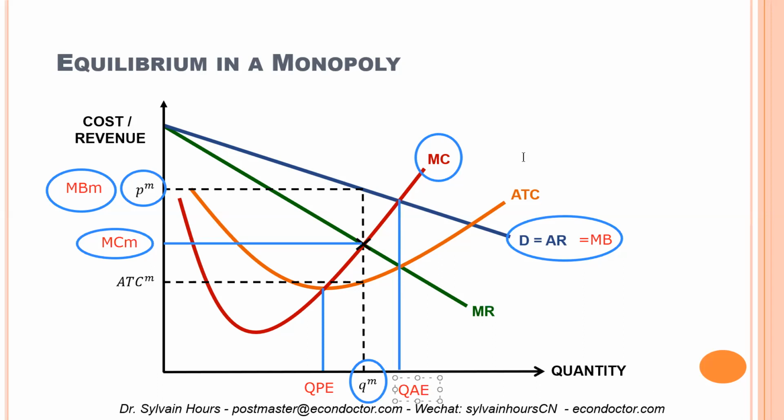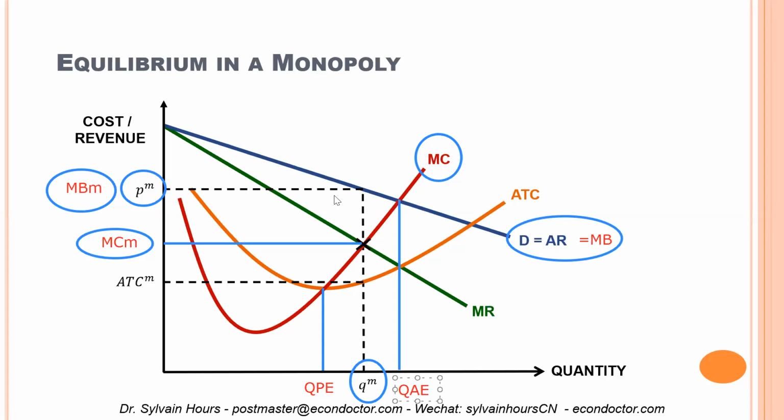And finally, you could ask them to identify the deadweight loss caused by this market power. And there is a very simple rule to identify a deadweight loss on a diagram. It's always represented by the area between the quantity that you currently produce, QM, and the quantity that is allocatively efficient, QAE.